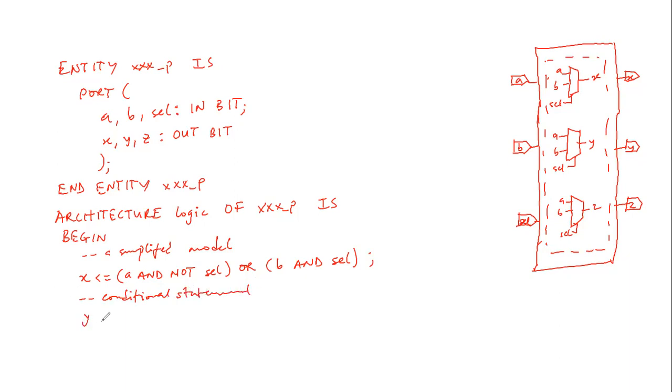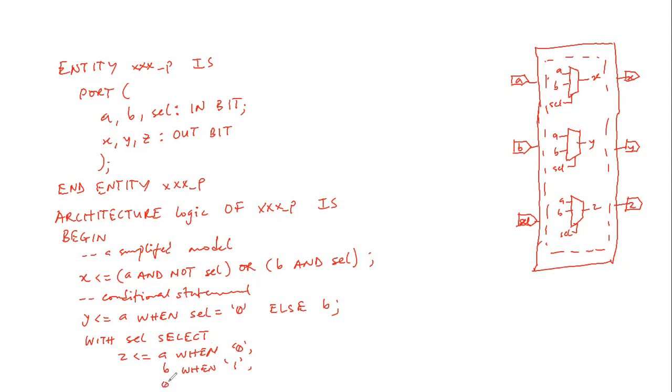We now say our Y is less than or equal to A when select is the same as 0, else B. Okay, so we can now go on to say with SEL being select, Z is less than or equal to A when 0, comma, B when 1, comma, or 0 prime when others.